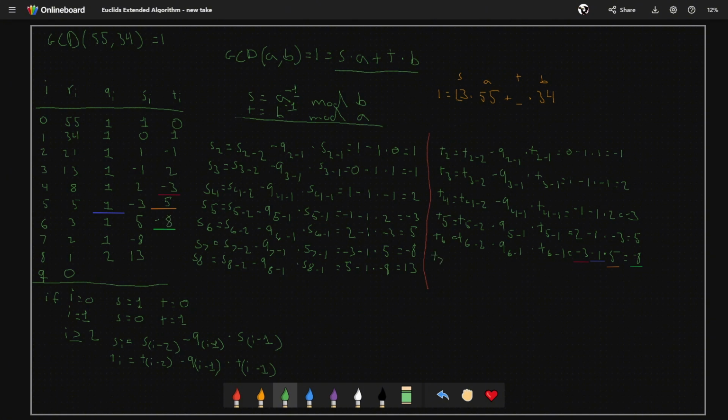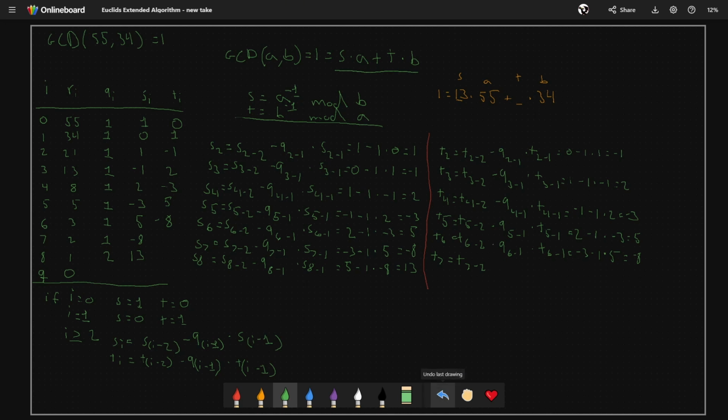t7 is equal to t7 minus 2 multiplied by q7 minus 1. Sorry, I've been writing a multiplication sign here. It should be negative. It's t7 minus 2 minus q7. Actually, just rewrite that whole line.